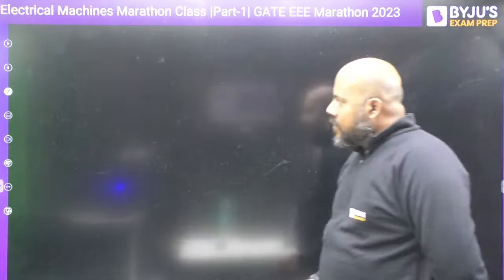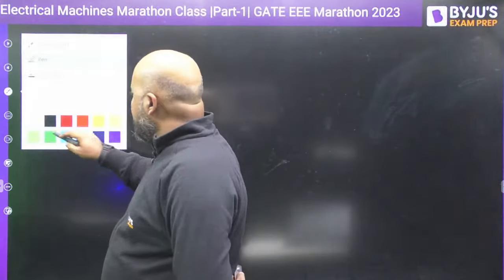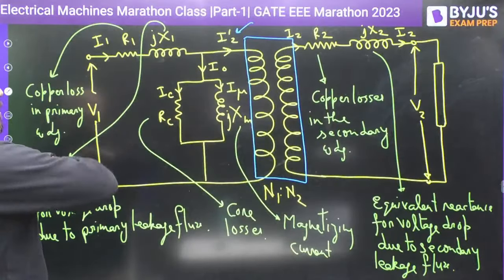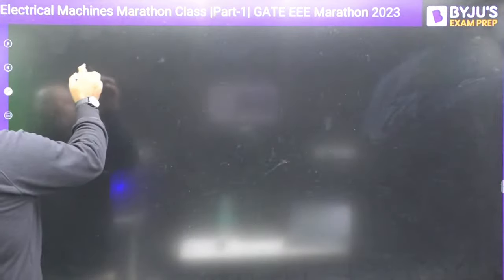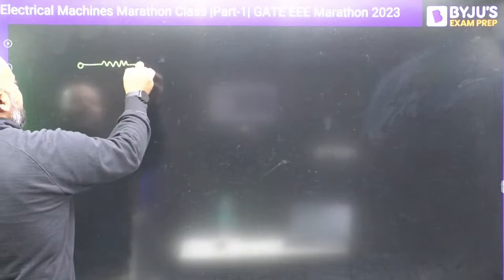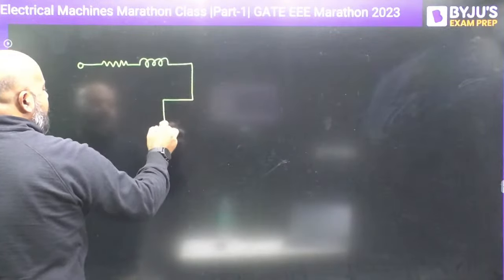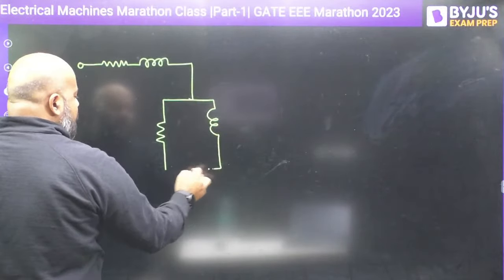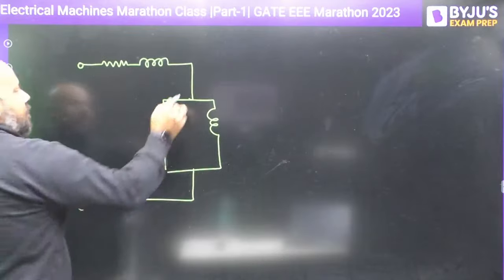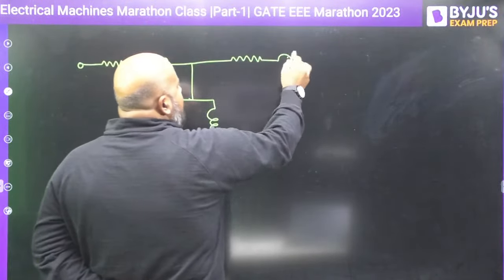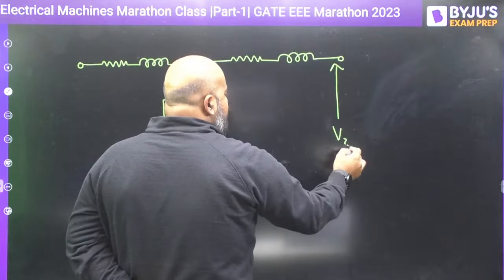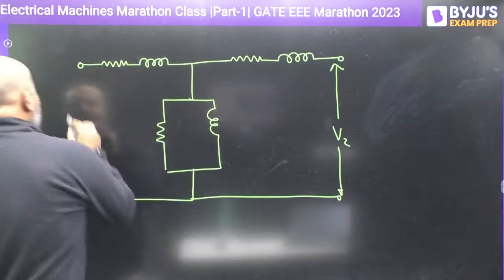Now, when you are going to solve the problems for transformer, most of the time you have to refer the circuit to the primary side. So the final equivalent circuit that you are getting is something like this. This is load side voltage, terminal voltage V2.